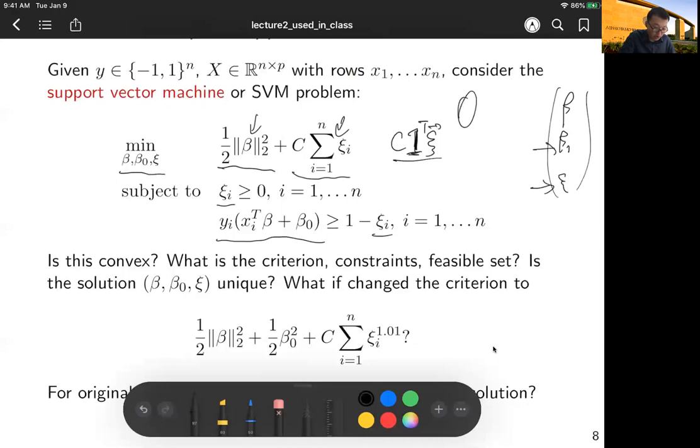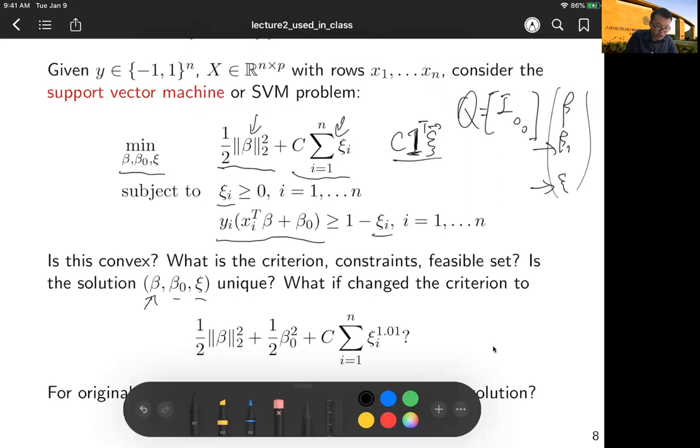So this Q matrix actually looks like identity and 0, 0. Which means that we cannot actually argue that this is a strictly convex optimization problem. On the other hand, what we can tell is that no matter what the optimal beta 0 or xi are, the optimal beta, this coefficient vector, is actually unique due to this part.